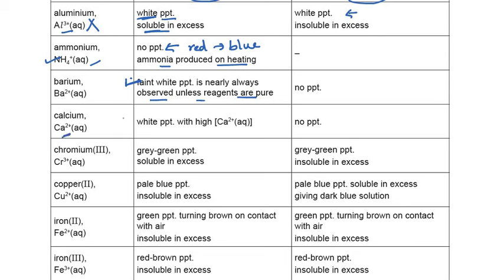Next, calcium can also be there, which gives a white precipitate, but it says that it's only present when there is a high concentration of calcium ions. Now we don't know whether it's a high concentration or not, but we just knew that we had taken only 1 centimeter depth of the reagent, so high concentration is not possible.